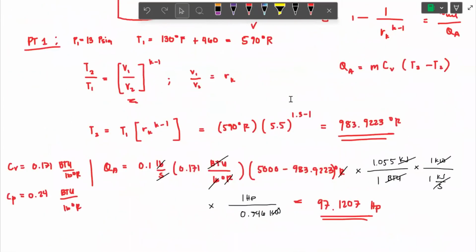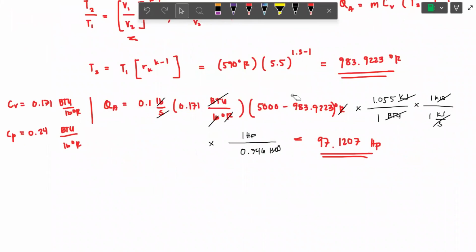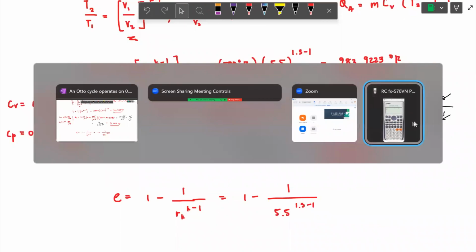Okay, so let us solve na yung kanyang efficiency gamit yung ating RK. So the efficiency is equal to 1 minus 1 over RK raised to K minus 1. Okay. So 1 minus 1 divided by yung RK na 5.5 raised to 1.3 minus 1. Then let us calculate yung value na yun.